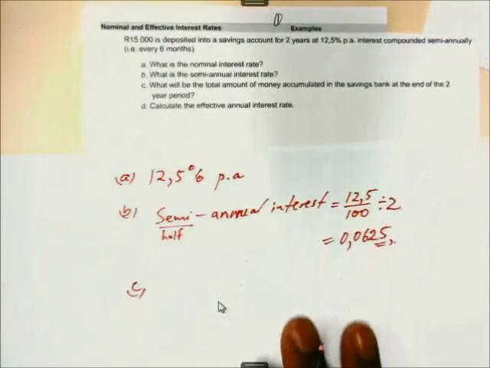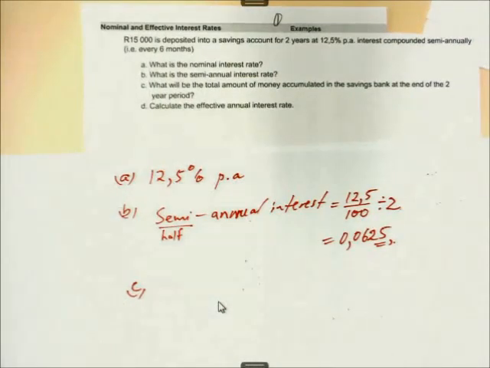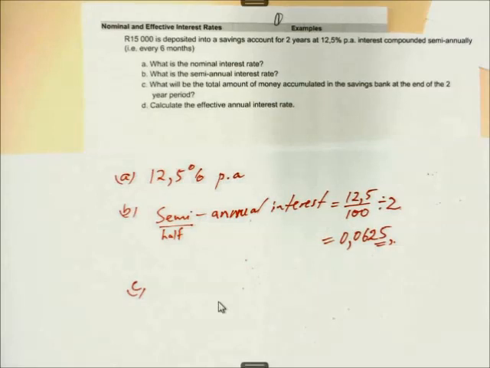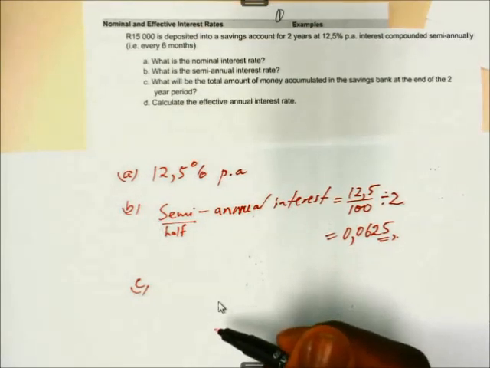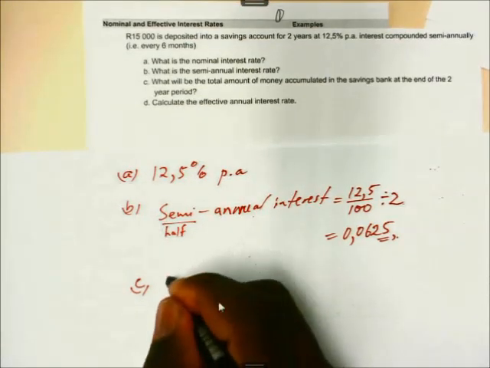All right. If you get to C, what will be the total amount of money accumulated in the savings bank at the end of the 2-year period? At the end of the 2-year period, which means we must find the money at the end of 2 years. So what is the amount of money saving? Which means it goes with the investment.